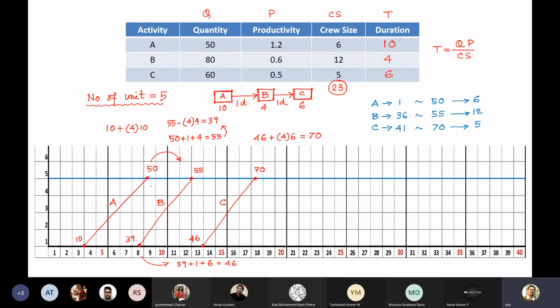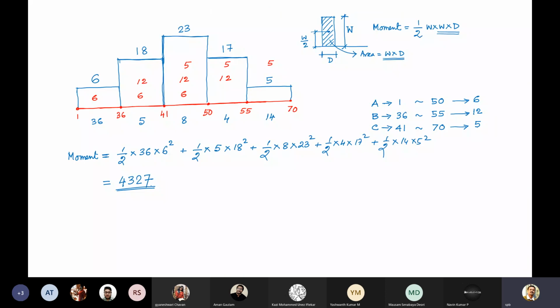Finally, the total project duration is 70 days, and this is the manpower histogram, 6, 18, 23. Definitely it will not cross 23, 17 and 5. In the period of 41 to 50, all 3 activities are active, so you require the maximum manpower of 23, and this is the distribution.